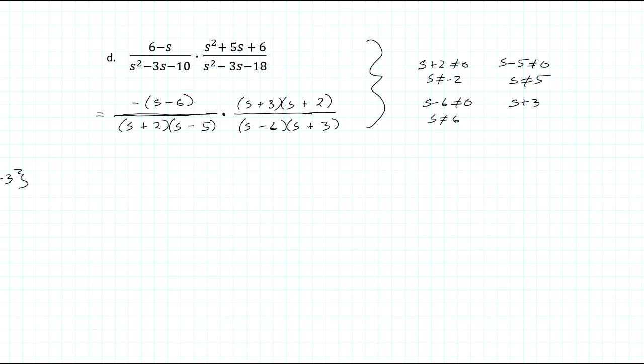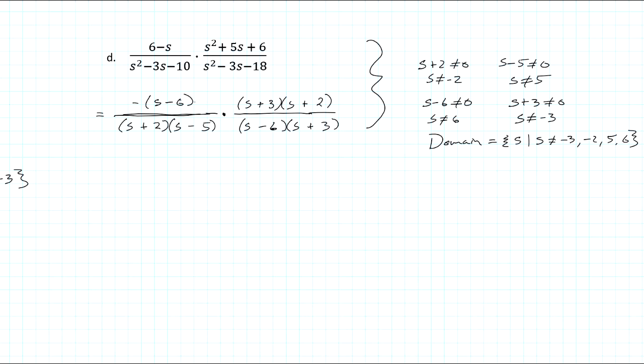And then s plus 3 cannot equal 0, so s cannot equal negative 3. So the domain of the original is the set of s values such that s does not equal negative 3, negative 2, 5, or 6.